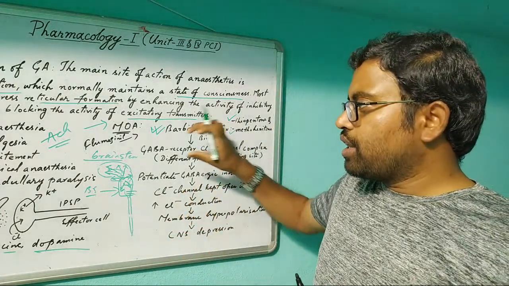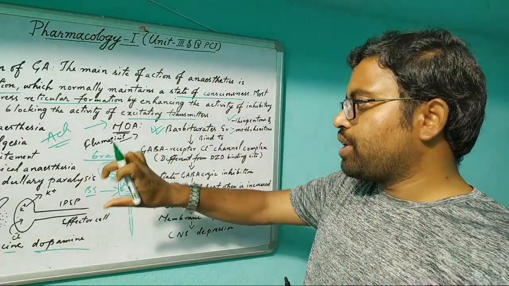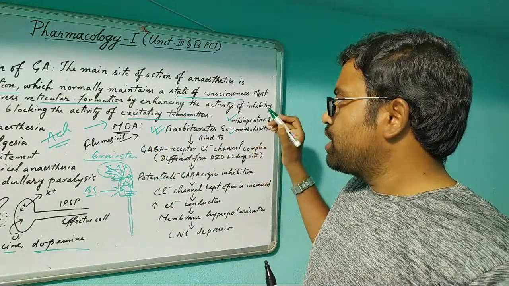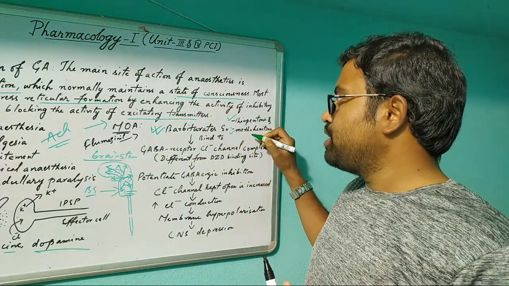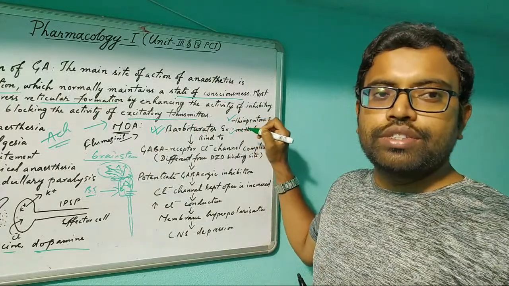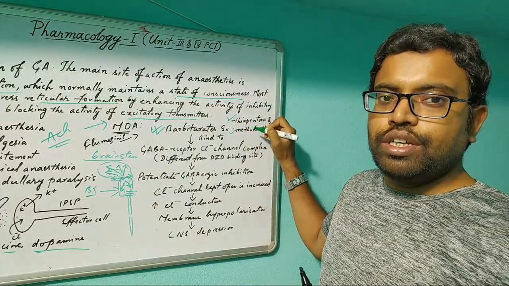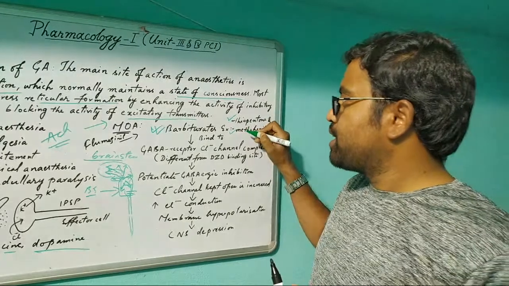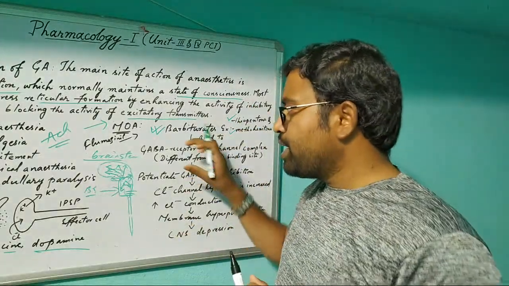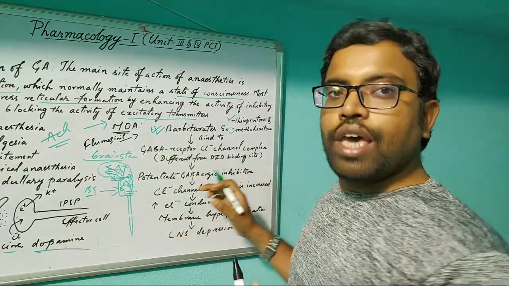GABA has its own separate binding site, and another site is also there. At that site, benzodiazepines, thiopentone, methohexitone, and similar CNS depressant and general anesthetic drugs bind and increase the GABA receptor's activity.